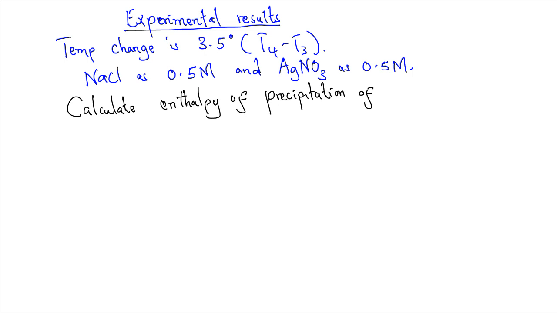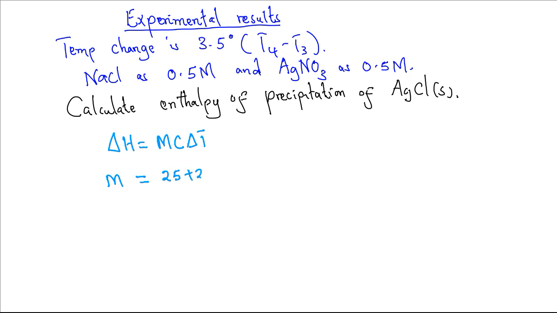Precipitation of silver chloride, that is a precipitate. Delta H is equals to MC delta T, that is M for 25 plus 25, adding the two volumes, giving 50 cubic centimeters.